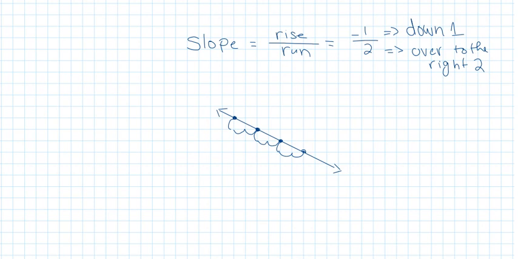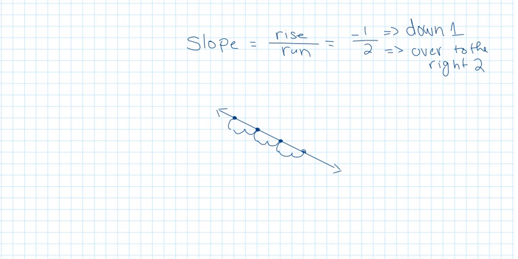So I start with my point. I'll tell you which point later on. And then I follow the trend of my slope. My slope says you're going to have to go down 1 over 2. So I go down 1 over 2, and I locate my next point. It's like when I give you directions, I say, take 5 steps to the right and then 2 steps up.